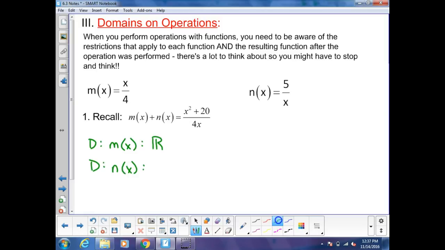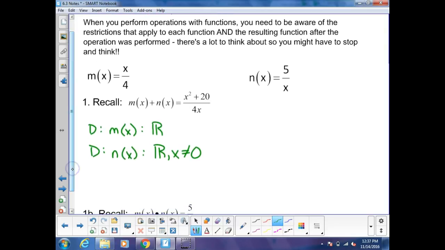Do I have a fraction? Yes. Variable in the basement? Yes. So x cannot be equal to 0. So this one is all real numbers, but x cannot be 0. With me? Then I look at the domain now of my operation. So now I'm looking at this function right here.